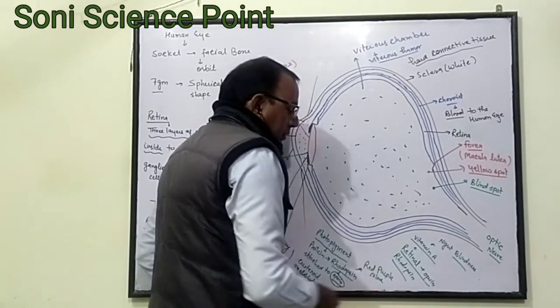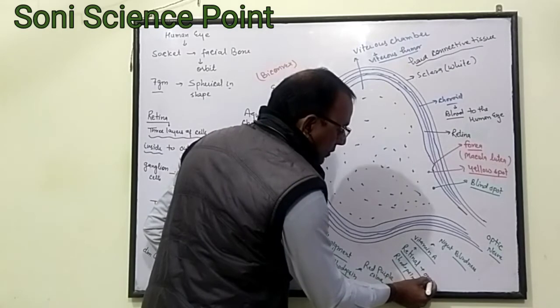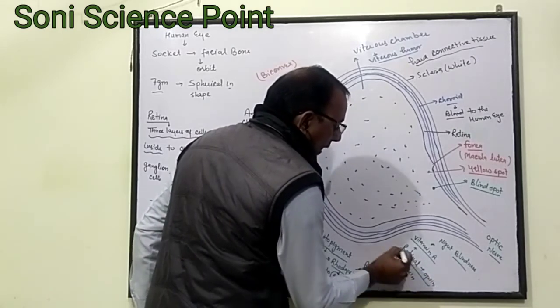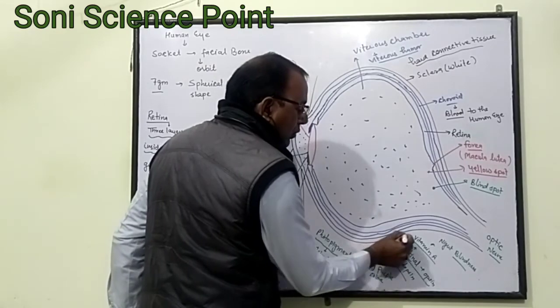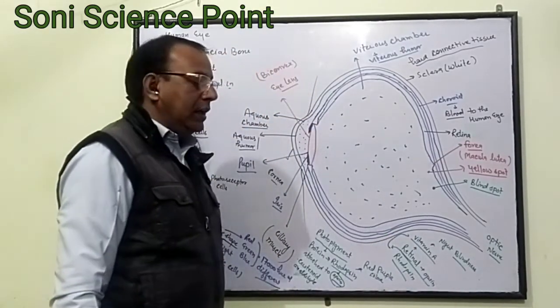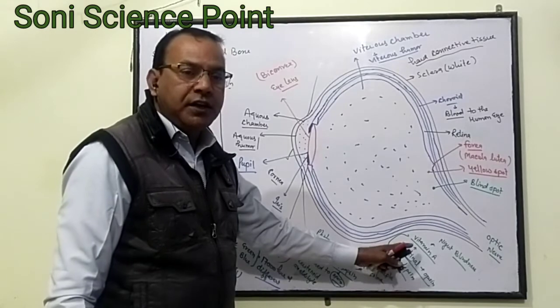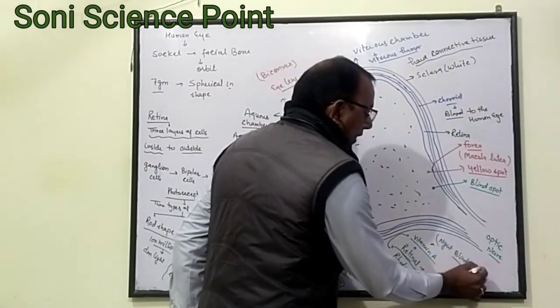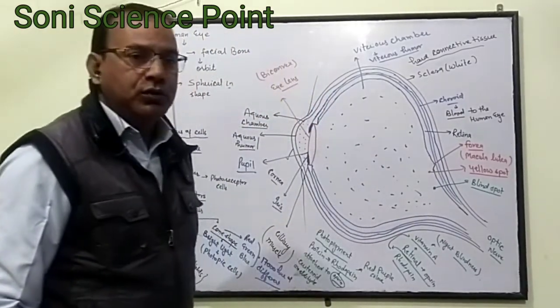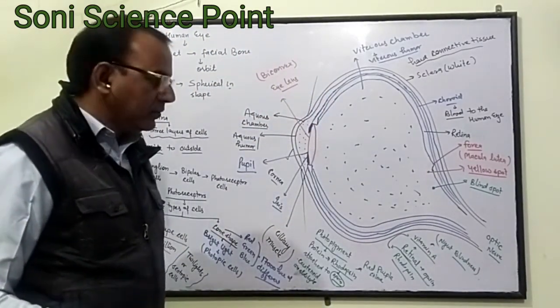And the splitting of opsin releases retinal, and this retinal is able to produce vitamin A. If the vitamin A quantity becomes less, the human will feel night blindness. It means the person is not able to see at night time.